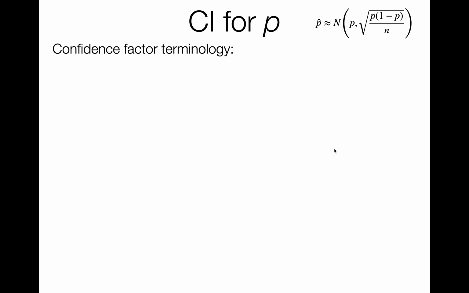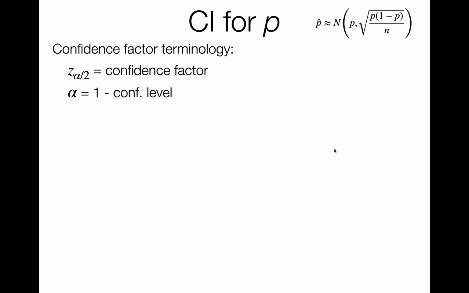So I've got some new terminology that we're building on here. The confidence factor I'm going to call z with a subscript of alpha divided by 2. It's going to help me find the confidence factor.